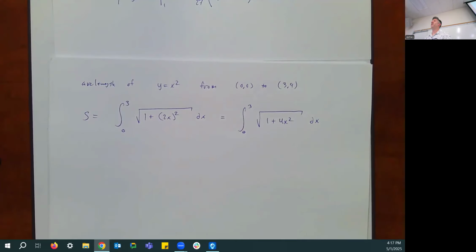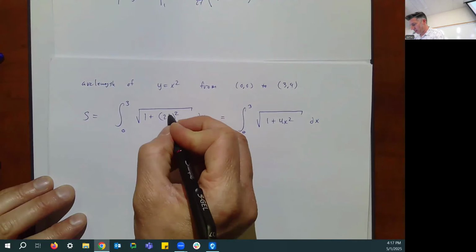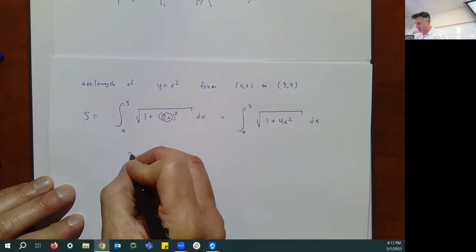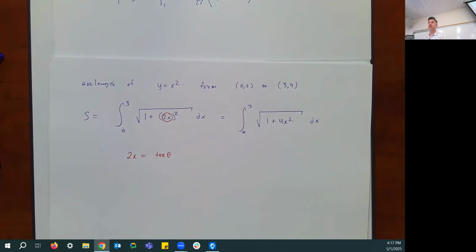And that's looking an awful lot like a trig substitution. In fact, I would go back to this iteration of it and say, hey, look, I want 2x to equal tangent of theta, so that I get 1 plus tangent squared. And this problem's super ugly. I don't really want to do it. Let me show you what happens.